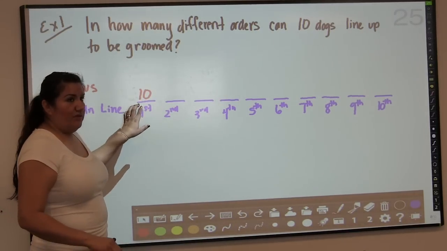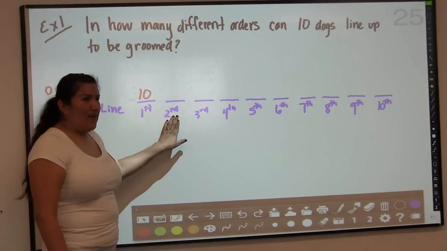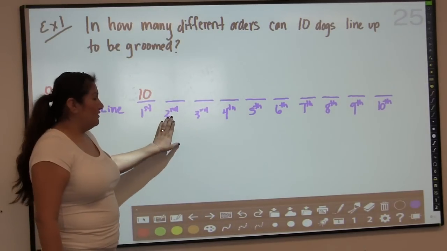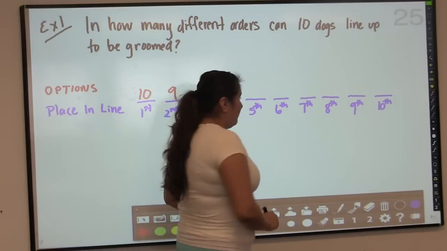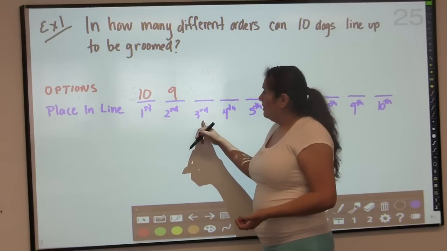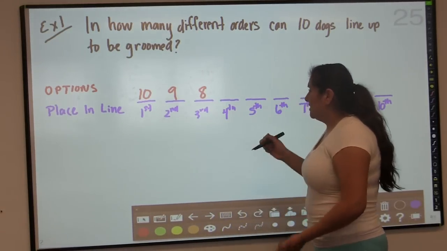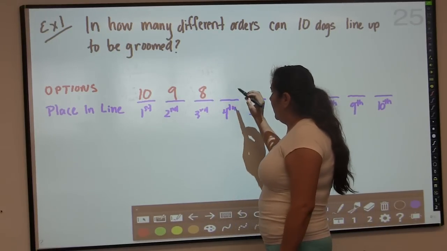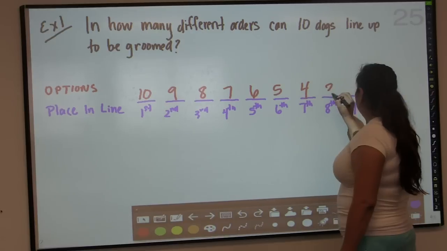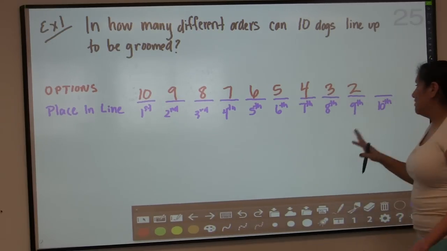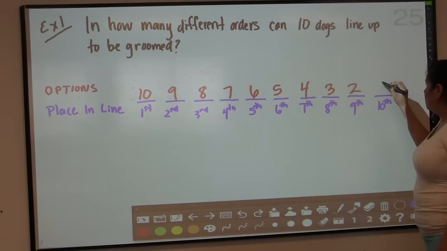Once you've picked the dog that's going to be in the first position, now you only have 9 dogs left to choose for the second position. So that's going to be 9. And then on the third position, you're going to have only 8 dogs left. As you can see, you have 10, 9, 8, 7, 6, 5, 4, 3, 2, so that by the time you're done, the last position is only going to have 1 dog left to choose from.